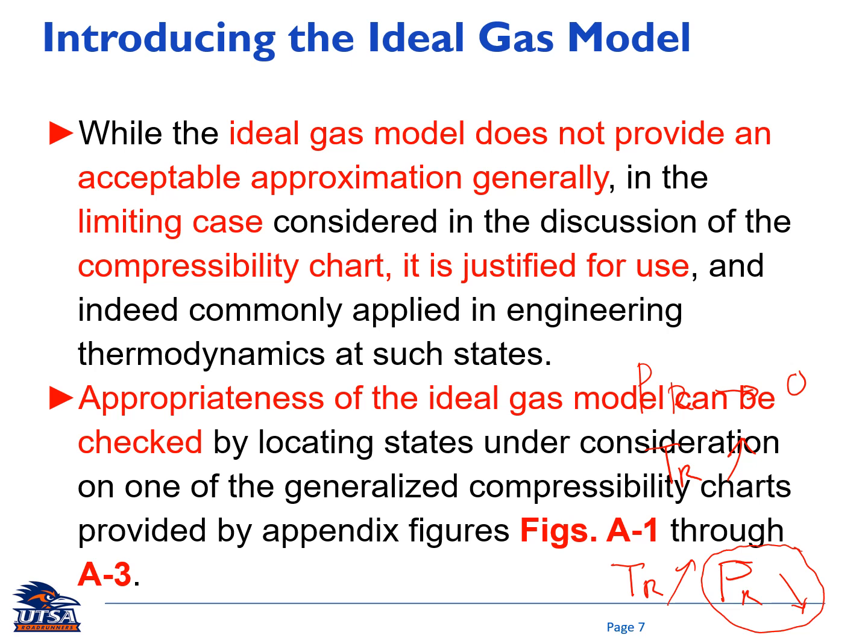It means the approximation of ideal gas condition for the corresponding gas is acceptable. Otherwise, we need to rethink a different gas equation of state, which will be studied in detail in thermodynamics too.